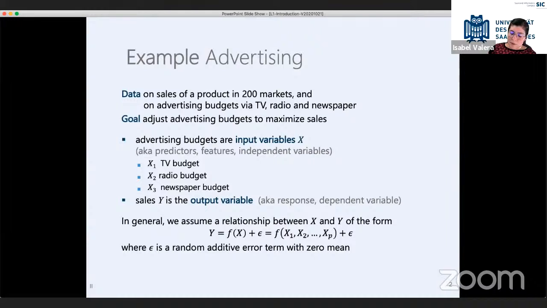Basically, in this example, we are going to consider three different inputs. The first one is how much money we put into TV advertisement, the second one is radio, and the third one is newspaper. Our goal is to see what the effect of these investments or budgets is on the sales of the company, which is the output variable.